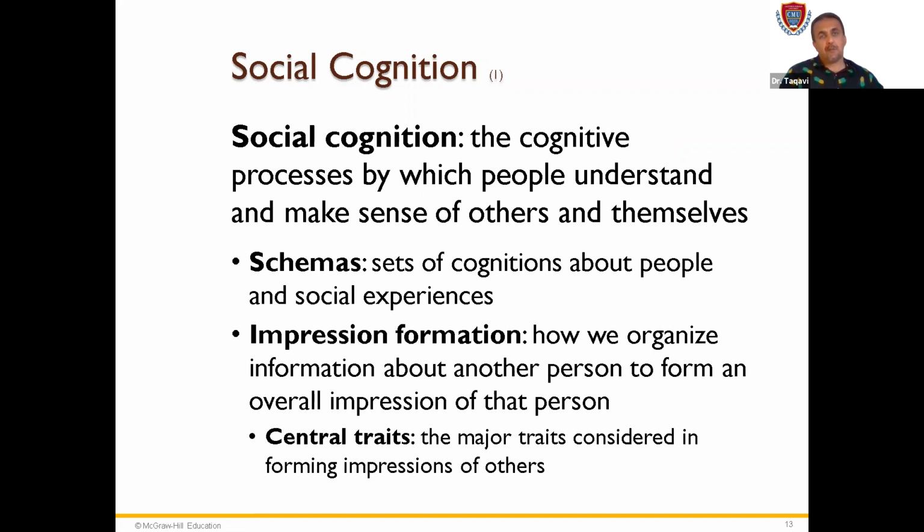And other parts of social cognition is impression formation, how we organize information about another person to form an overall impression of that person. We are talking about the central traits here in impression formation. We are talking about the central traits of that person and ourselves, the major traits considered in forming impressions of others.